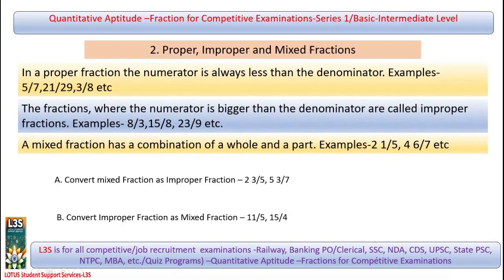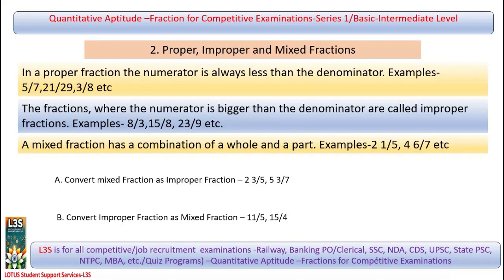And the fractions where the numerator is bigger than the denominator are called improper fractions, like 8 by 3, where the numerator is greater than the denominator. Similarly 15 by 8, 23 by 9, etc. Then a mixed fraction has a combination of a whole and a part.